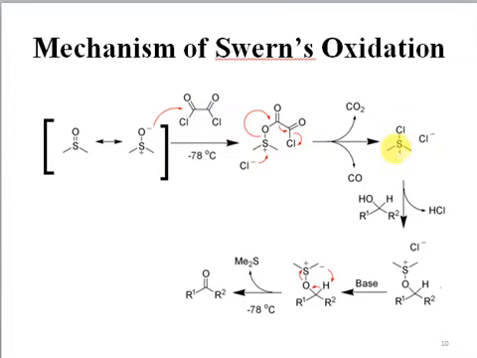And this second intermediate, our alcohol will react with, right? So the oxygen of this alcohol will attack as a nucleophile on the sulfur, and we will have an elimination of HCl, right? So this is another intermediate that's formed in this reaction, right? So the base, which has to be a tertiary base, will be used here.